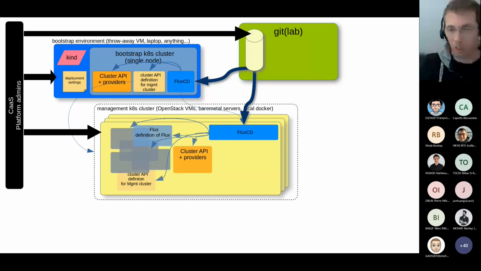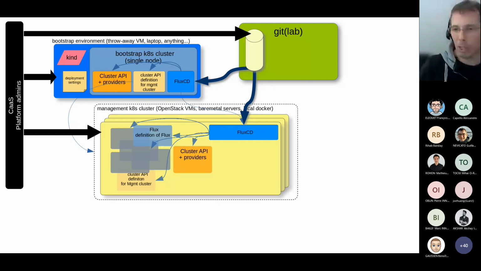Actually, many components, and the point here is not to list them all. And of course, it comes with cluster API itself and the providers that you need to have in the management cluster to create the workload clusters that the users of the CAS will be using. Because of course, the ultimate goal of Silva is to produce a CAS platform. So we need something to create the workload clusters.